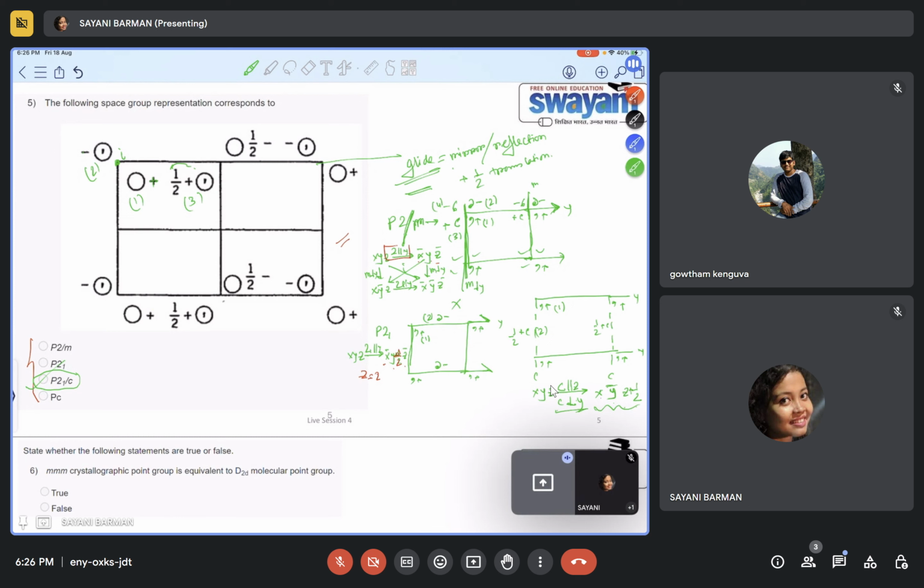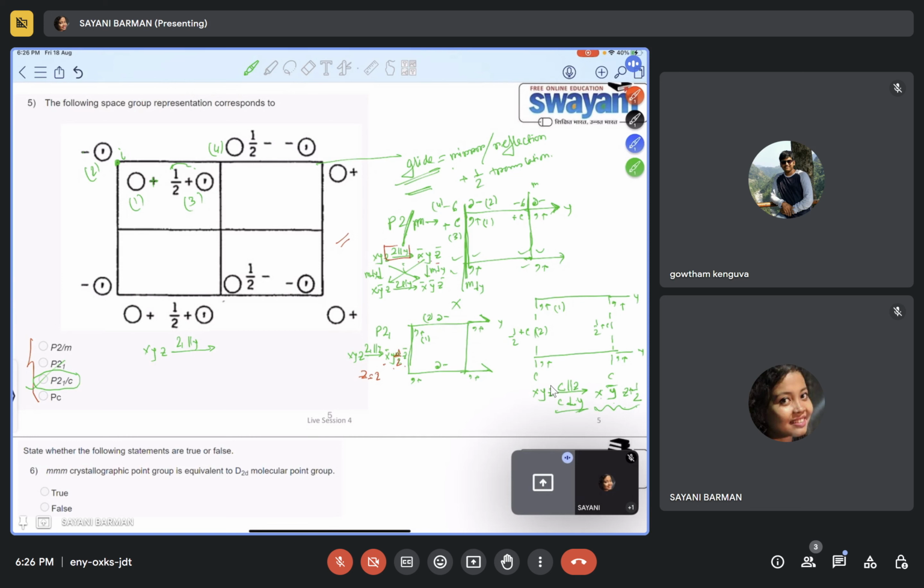And for P21/c also, we will be generating points. Let's say x, y, z. First we'll apply 2-1 parallel to y.